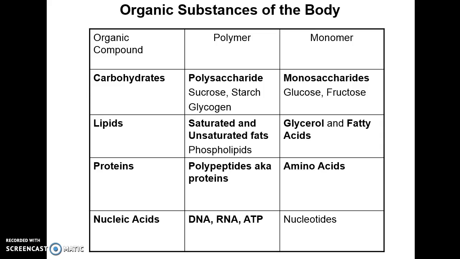So proteins. This is the one that people are most familiar with, I've found, because we call meat protein. We say that protein is an important part of your diet. All those things we already talked about, so people know a little bit more about them. The monomer of a protein, and if you don't know any of the others, please know the monomers of proteins and nucleic acids.